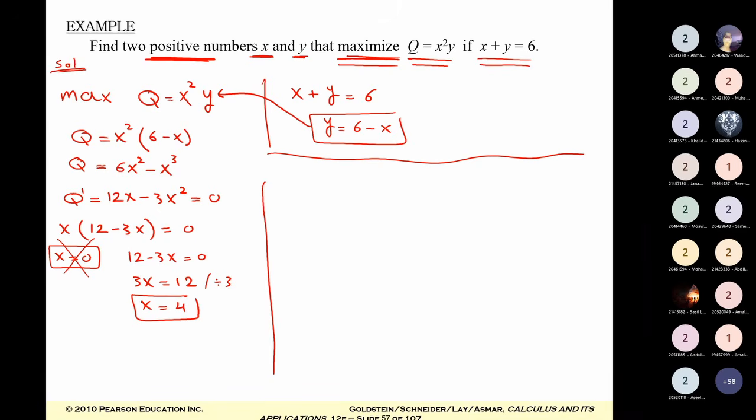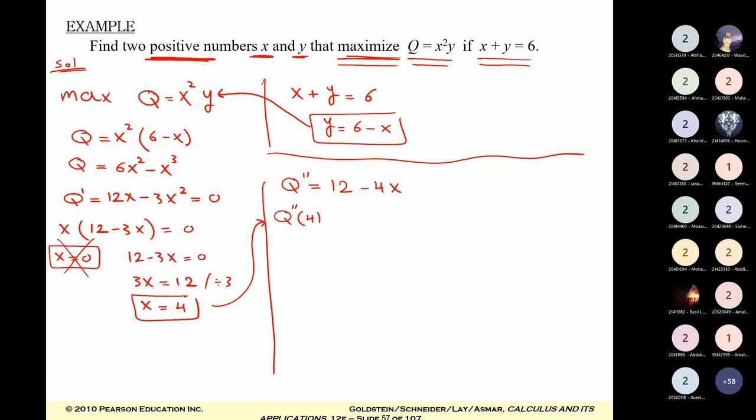Okay. Second derivative test means find the second derivative of q. So we have 12 minus 4x. Now substitute the value of x equal 4 in the second derivative to check whether q double prime is positive or negative.